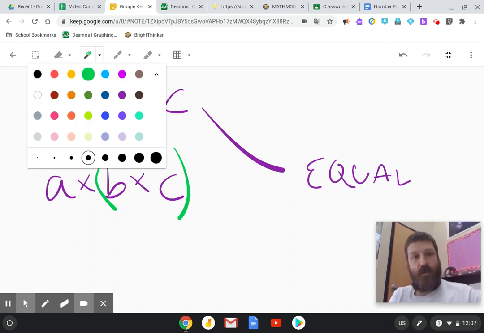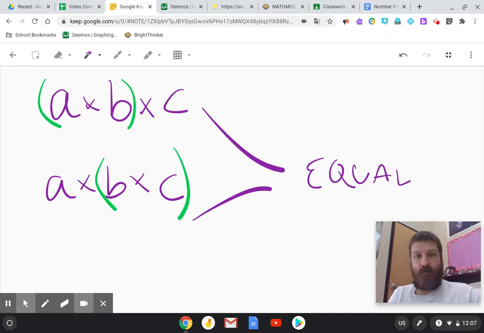These are still going to be equivalent things. So in other words, I can rearrange and group numbers differently as long as it's all multiplication or all addition. That's still true. So the associative property is all about the grouping of numbers.